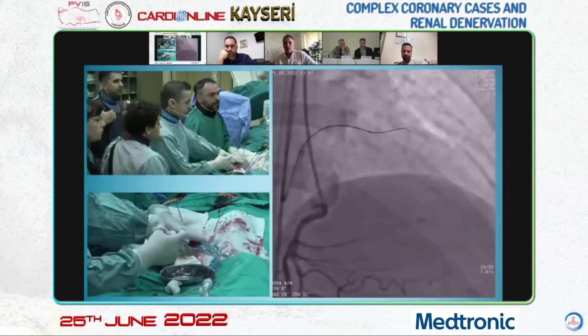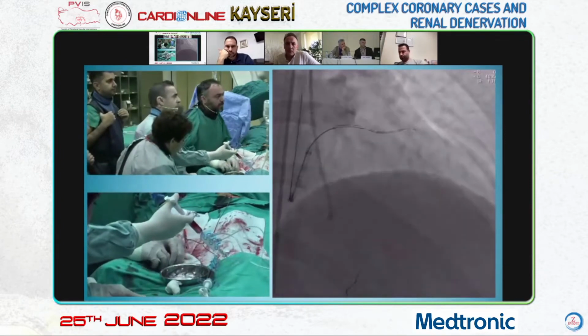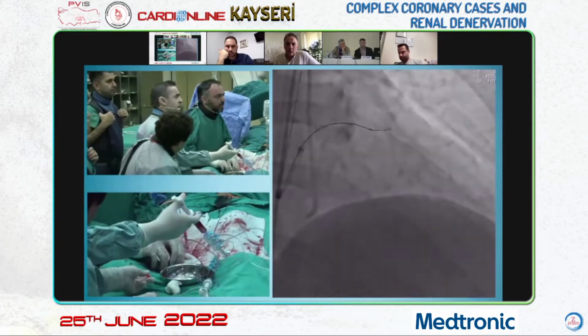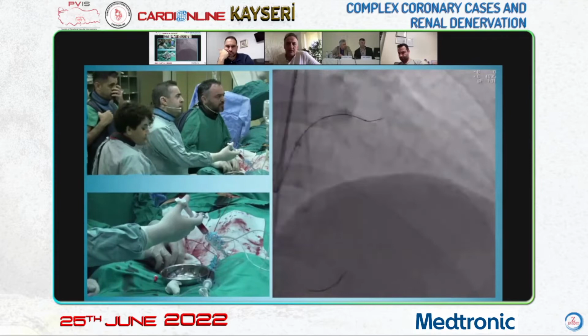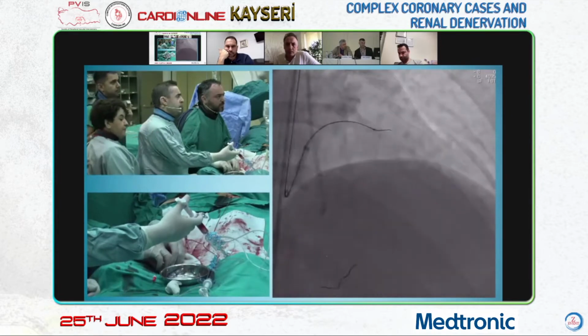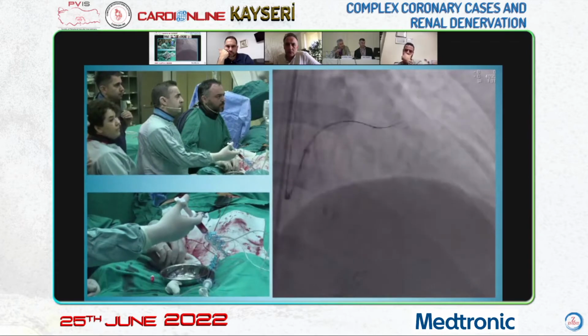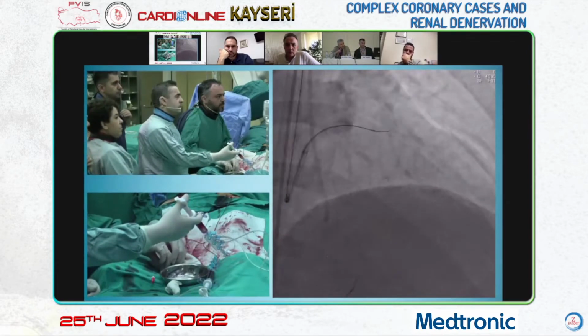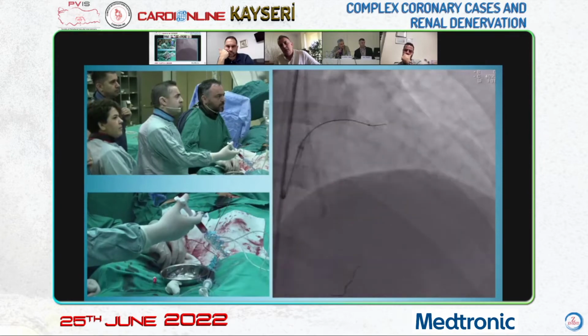The angle is different now. It may be diagonal, right? It seems to be a side branch. Can you show us the antegrade penetration area?